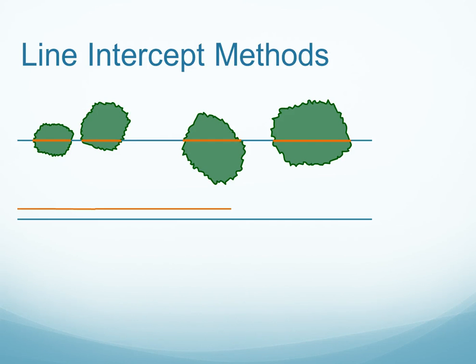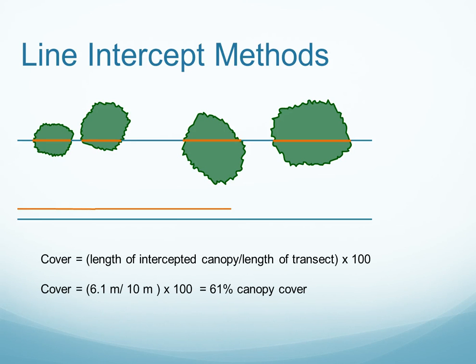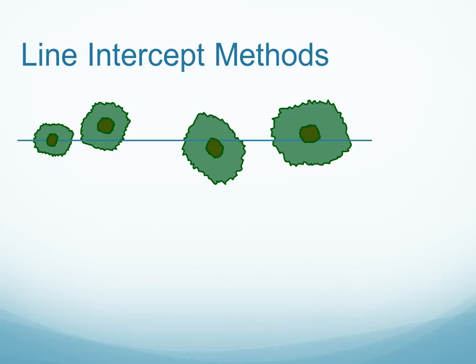If we take those individual lengths of intercept and add them together and then divide that by the length of the total transect, we find that in this case, there was 6.1 meters of canopy that was intercepted, and divide that by the total length of the transect for 61% canopy cover.